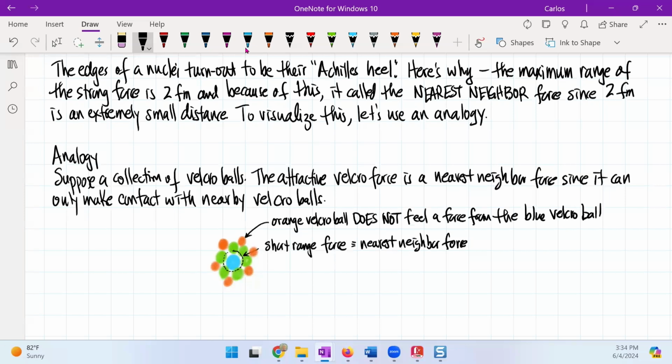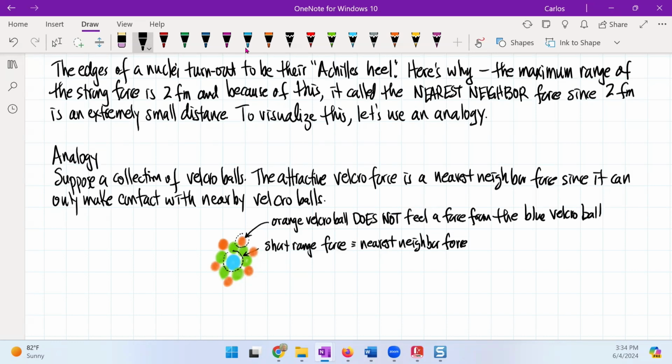It has to be in contact for the Velcro to stick here. If I look at this, I'm seeing that there's only contact with two green balls.